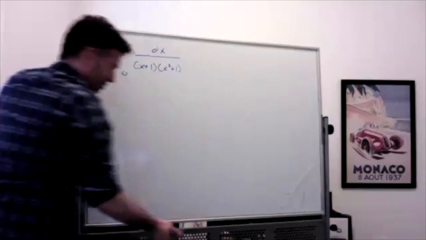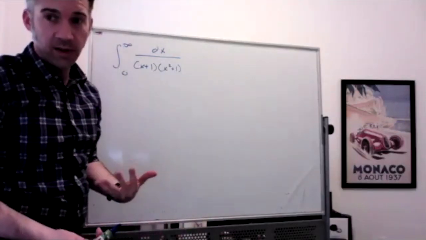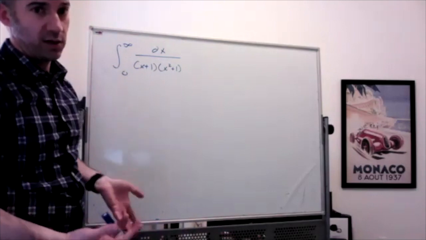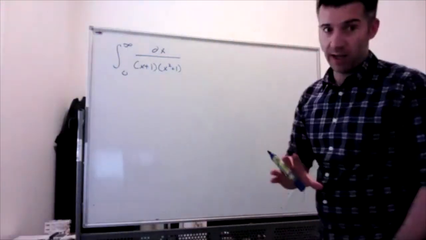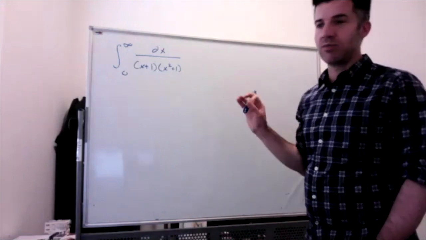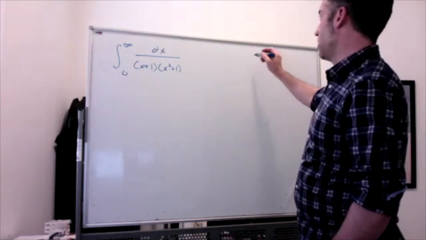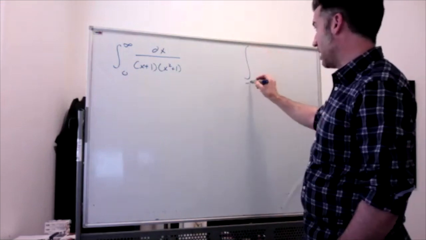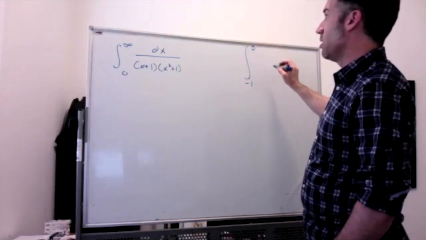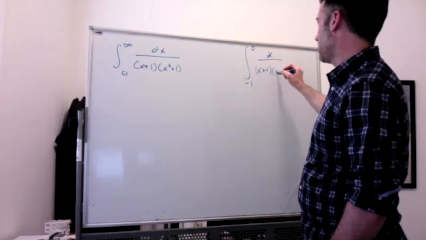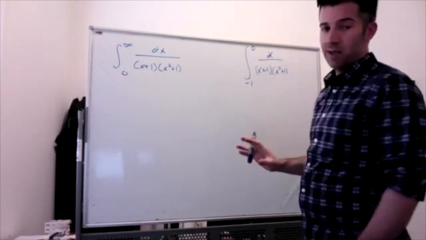It's important and useful to have a good idea about what you think is going to happen before you actually start going. On the other hand, I would point out this intuition is really only valid when you have infinity. If I asked you about the integral from -1 to 0 of dx over x plus 1 times x squared plus 1, this does not converge.